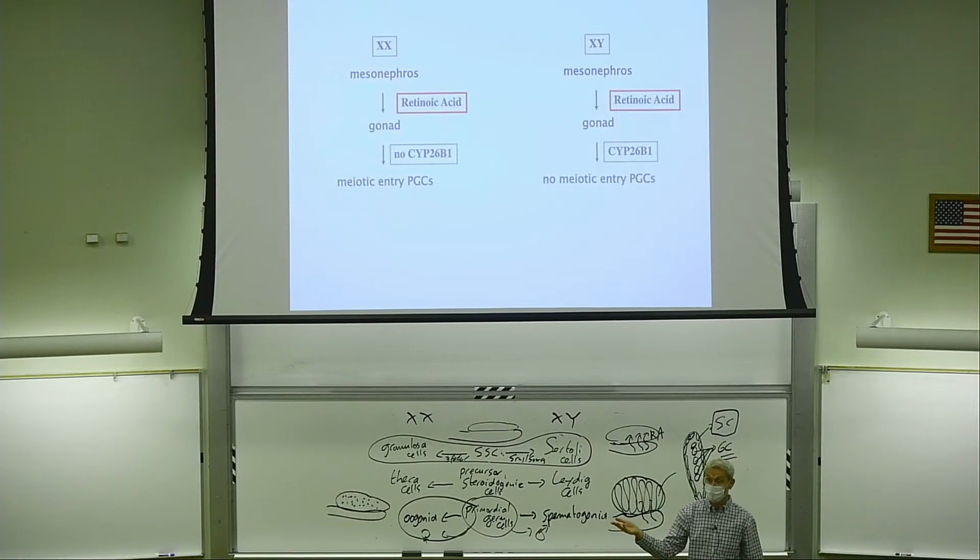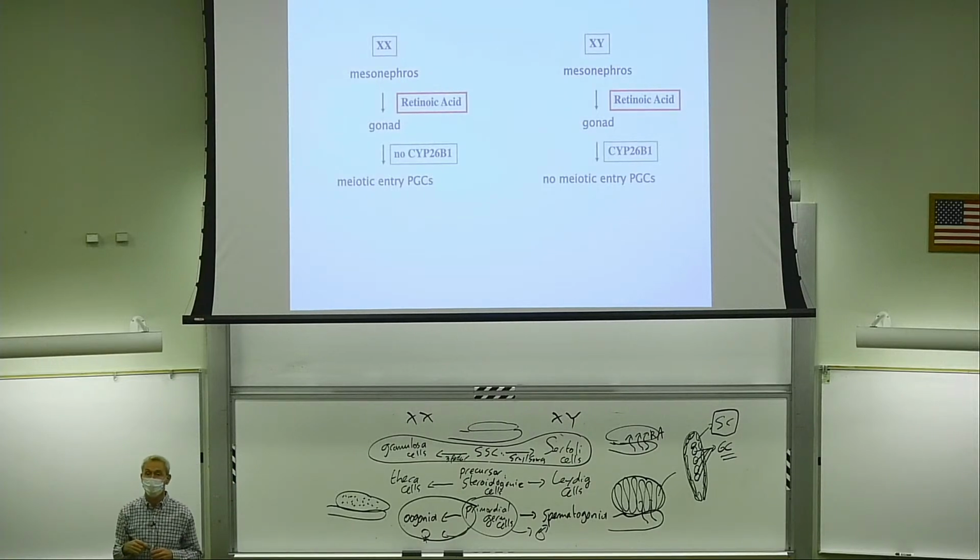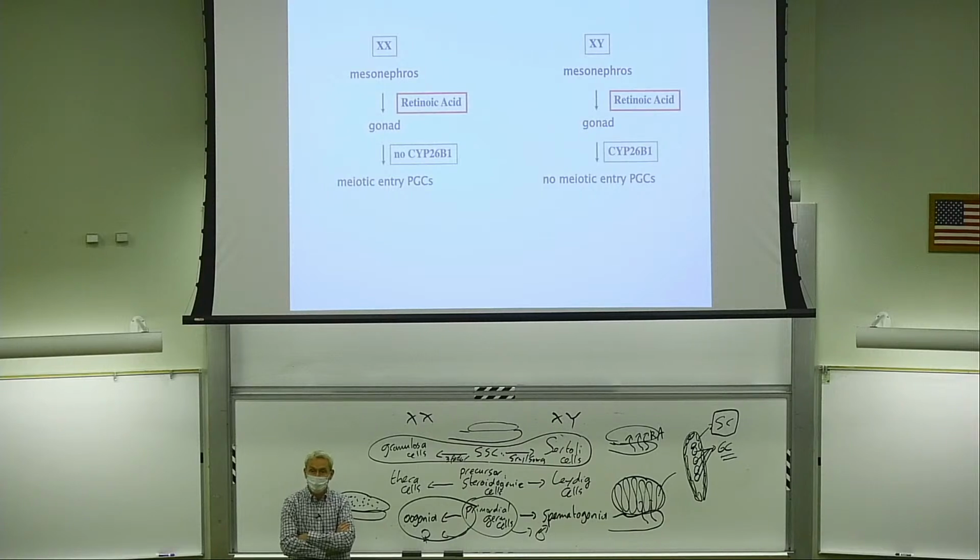Make sense? Okay, let's do it this way. Let's say there's a question on the exam. There's a male individual or a fetus, and it has a mutation in CYP26B1, a mutation such that it doesn't work. What happens to the germ cells in that testis? They would enter meiosis 1. Yeah, so just like what would happen in a female, right?